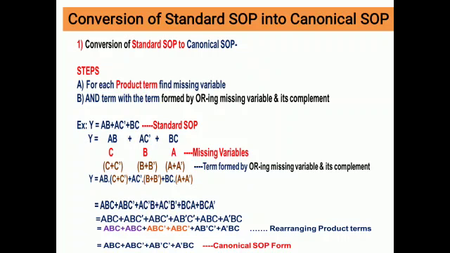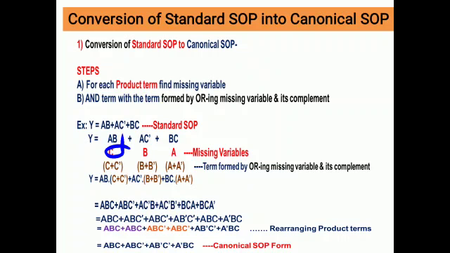C is the missing variable. Second is A C bar, so A and C are present and B is absent. B is the missing variable. In the third, B and C are there, A is missing. So first we have to find out the missing variable.